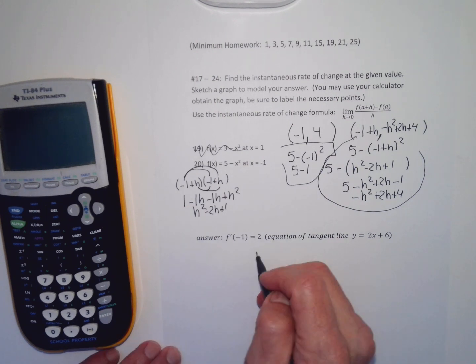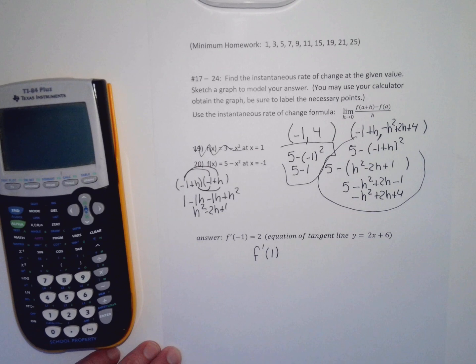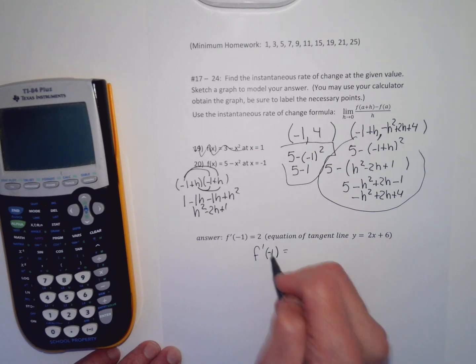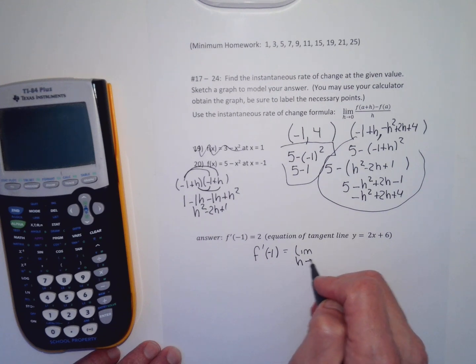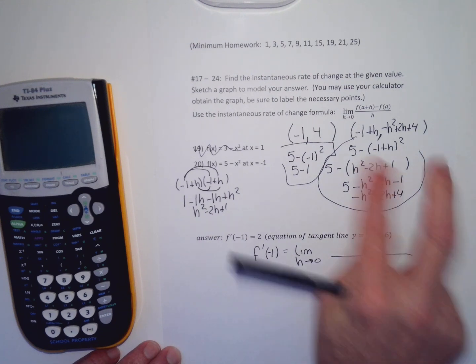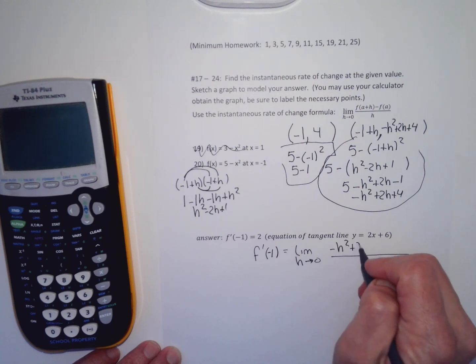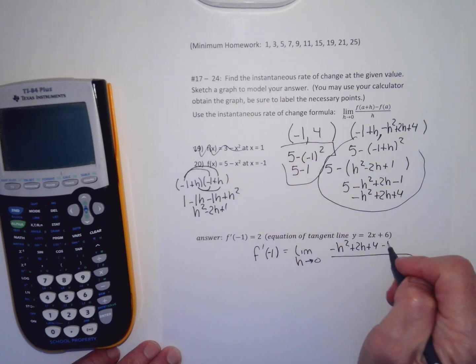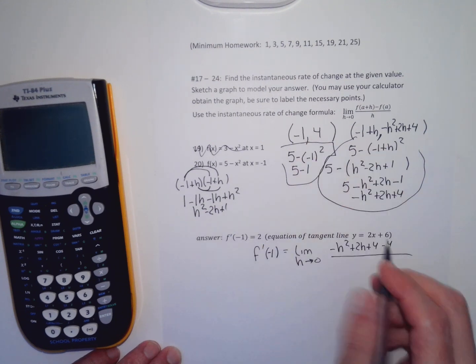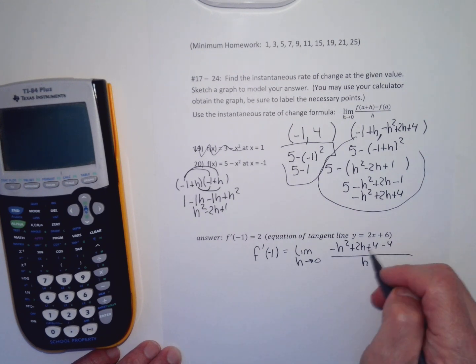So now, the instantaneous rate of change, the value of the derivative when x equals negative 1, or the measure of the slope of the tangent line when x equals negative 1, is the limit as h goes to 0, and in the numerator I subtract the y. So it's negative h squared plus 2h plus 4 minus 4, and then just over h. I don't need to do any work in the denominator. It always simplifies to be h. The 4's in the numerator cancel.